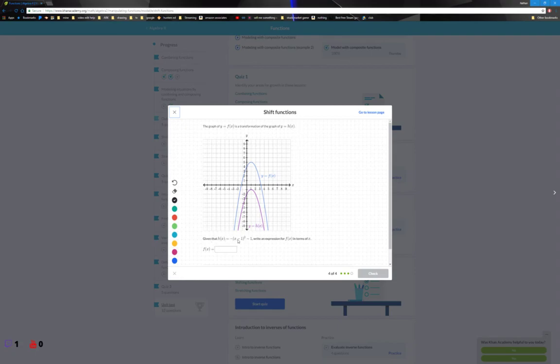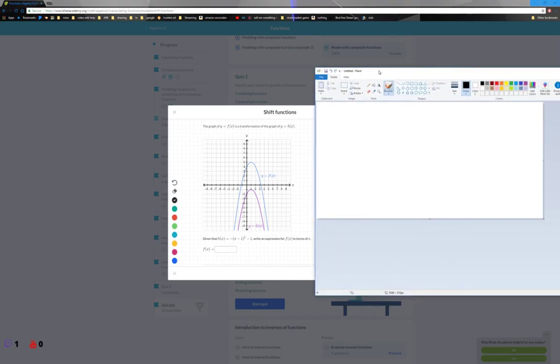Given that h of x equals negative, parentheses, x minus 1, quantity squared minus 1, write an expression for f of x in terms of x. So we can write f of x equals h of x.